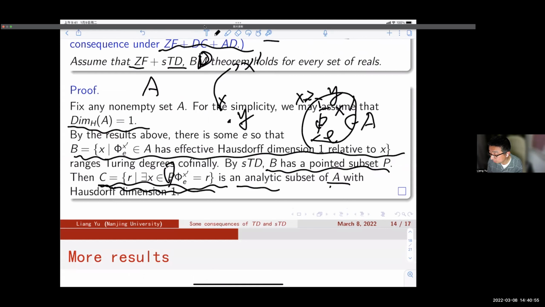Or is there a method using this to even show that for an analytic subset it has a closed subset? No, that's a different thing. At least if you can prove that every Borel subset has this property, then we can prove it for analytic sets. But for Borel sets, it's not very easy.